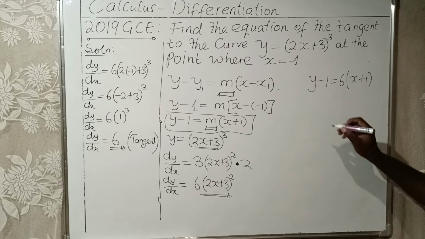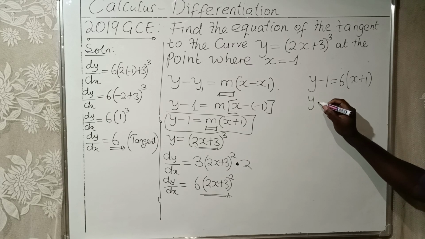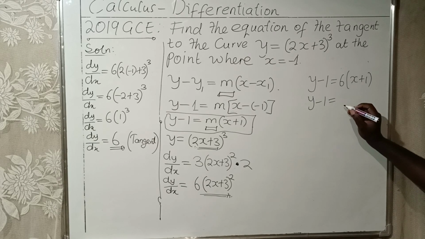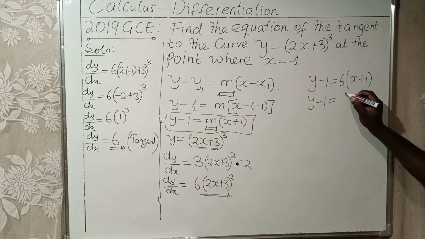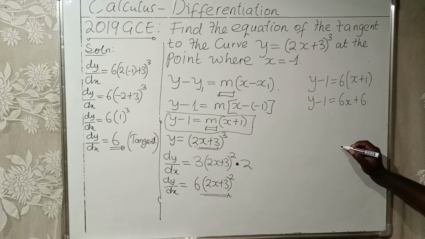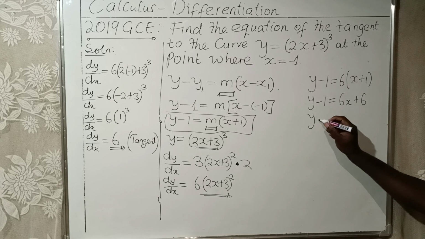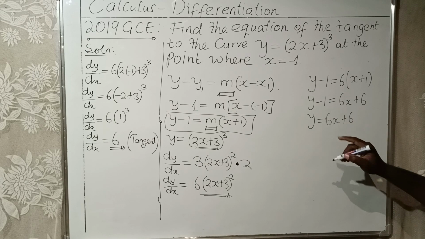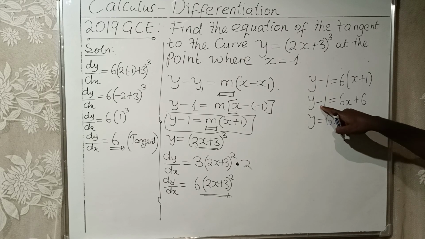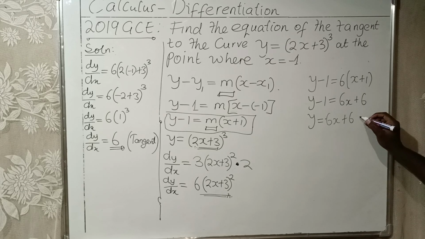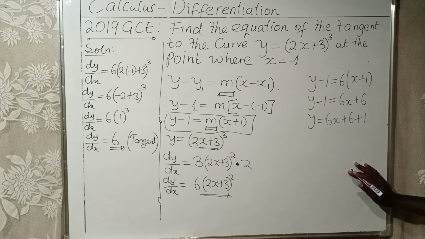Okay, so simplifying, we have y minus 1 is equal to 6 by x, we have 6x. 6 by 1, we have 6. Okay, so we have y is equal to 6x plus 6. Now, moving this negative 1 from the left hand side to the right hand side, we shall have plus 1.